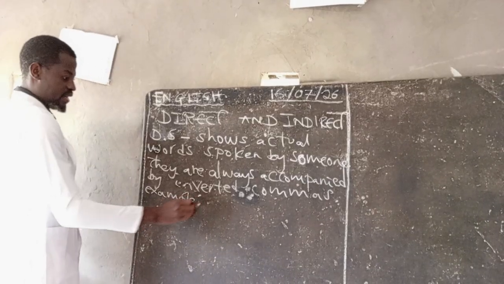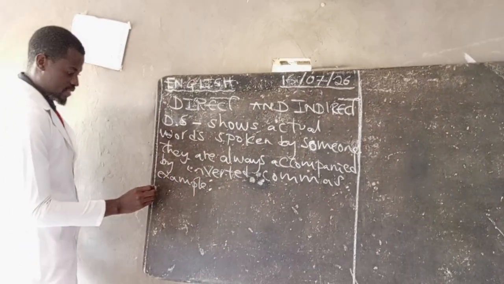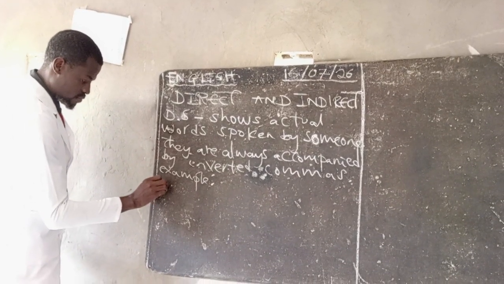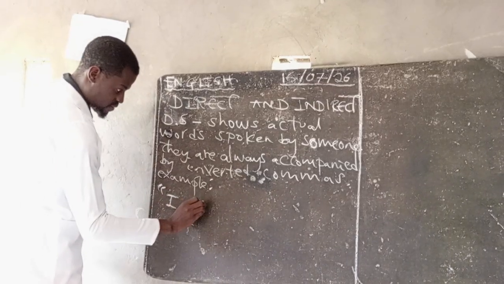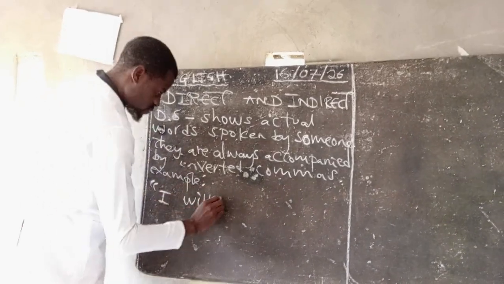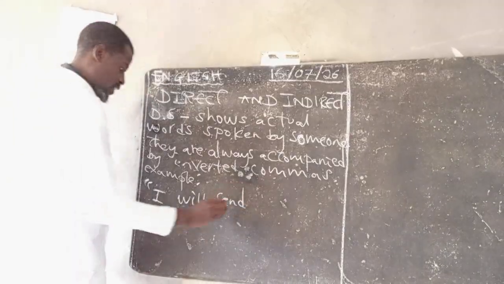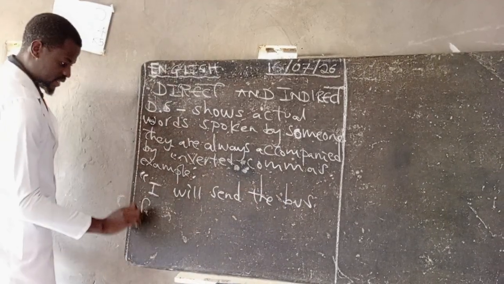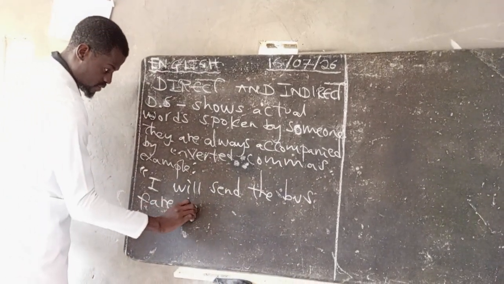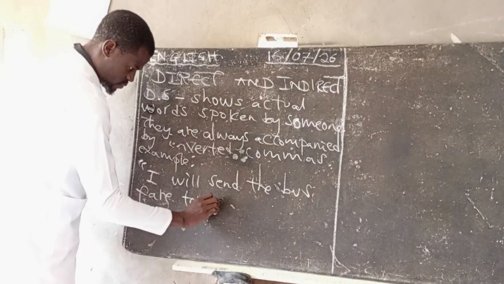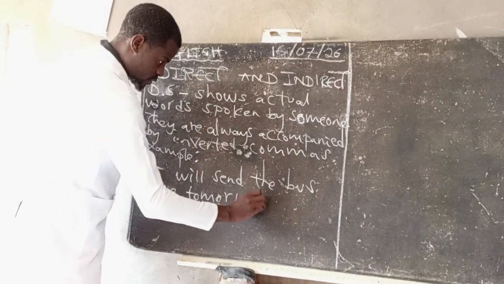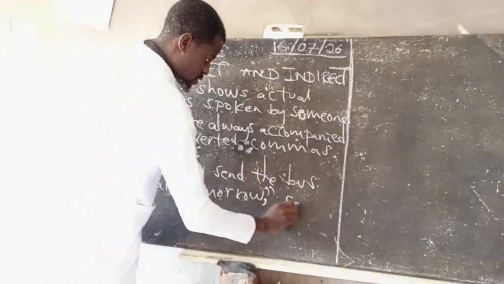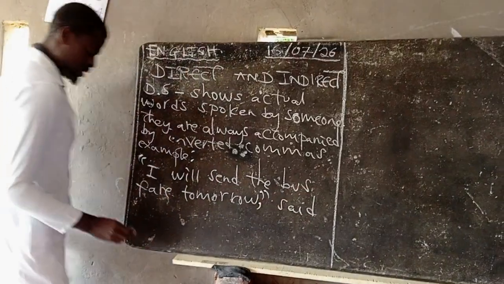So in the previous video, I gave an example. The example was like this: open inverted commas, "I will send the bus fare tomorrow," comma, close inverted commas, said.